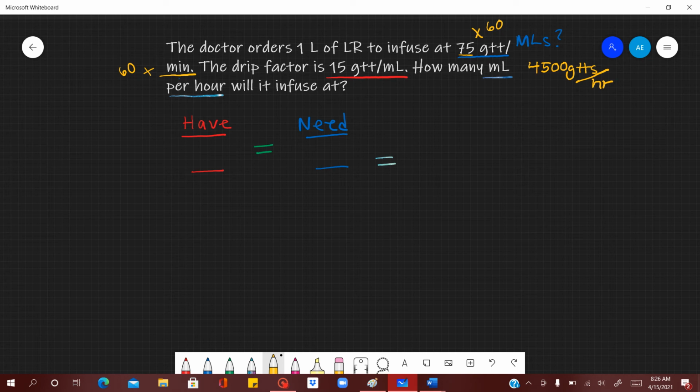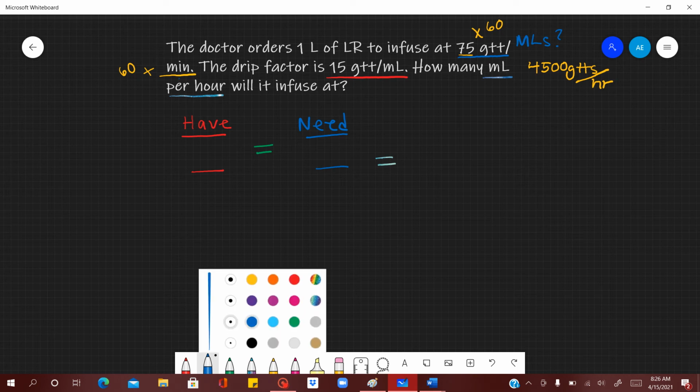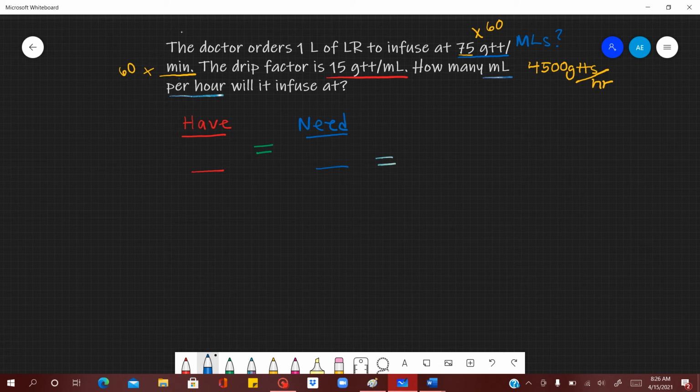So now we still just need to know how many mLs is in this 4,500 drops, because if we figure that out, then we'll know how many milliliters per hour, because if the 4,500 drops is per hour, then however many mLs that is will also be per hour.